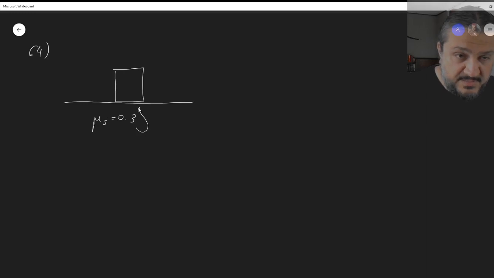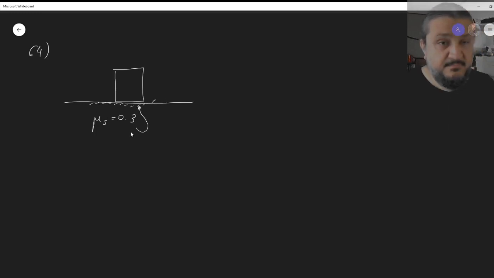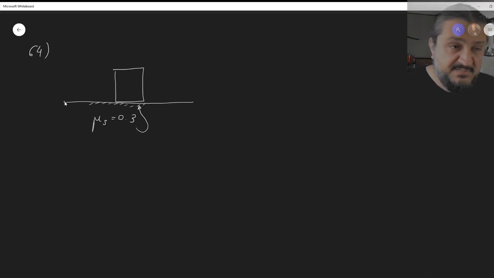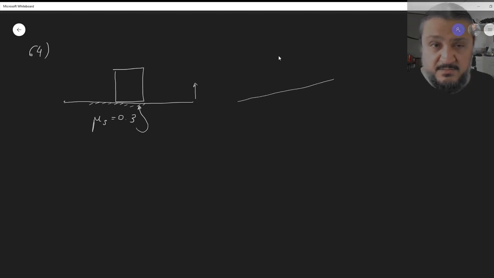Okay, this is between the box and the surface, wooden ramp. You grab one end of the ramp and slowly lift it up, keeping the other end of the ramp on the ground. So let's keep this end on the ground and lift this side up. So now we do it gradually or slowly.